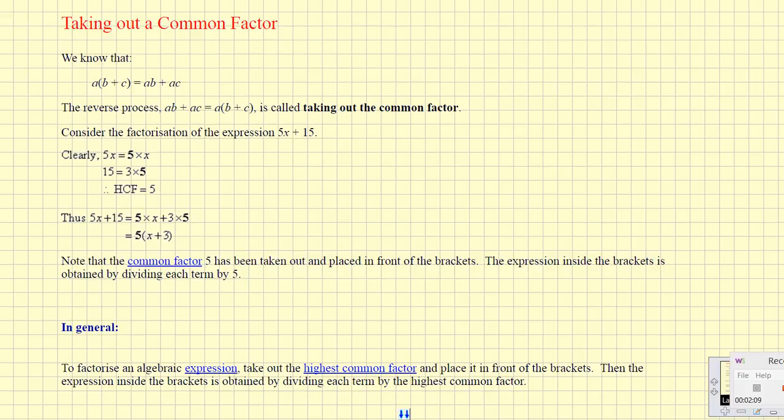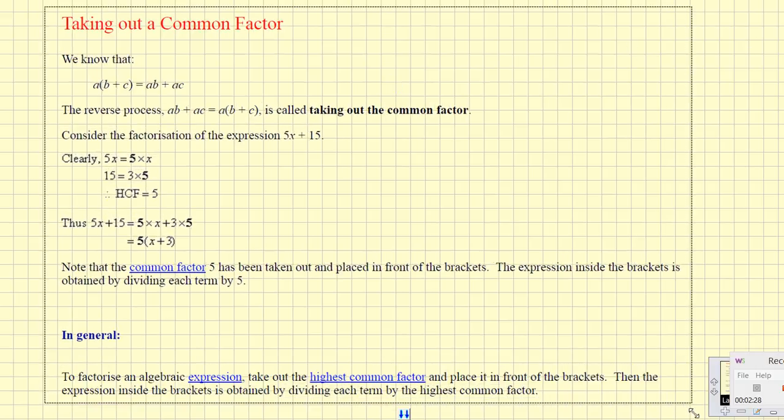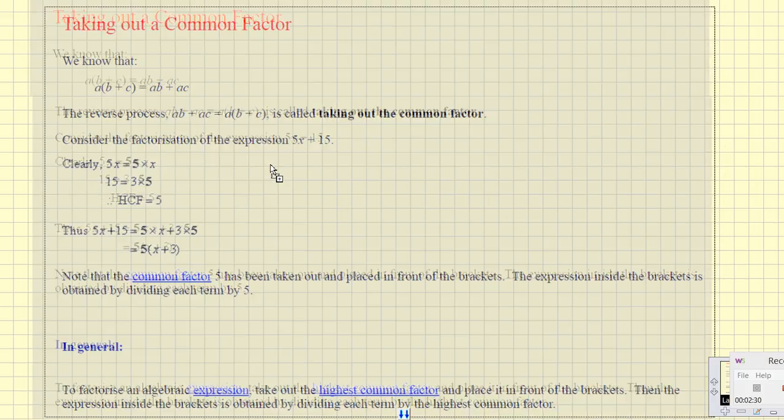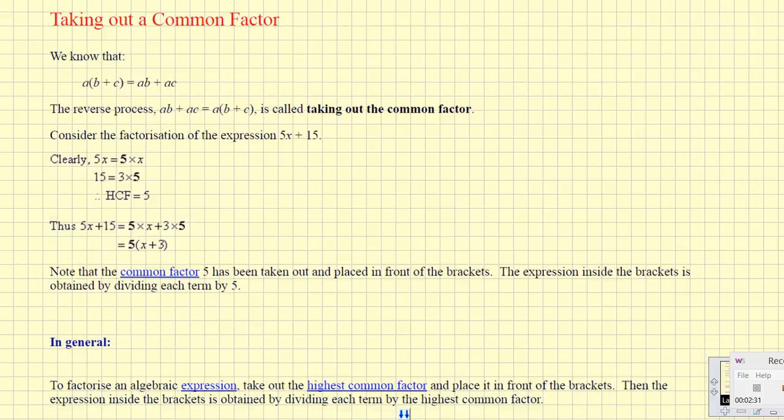The first type of factorization that we're going to be looking at is removing a common factor. We know that if we were to multiply a times bracket b plus c, when we go through the distributive property, it becomes ab plus ac.